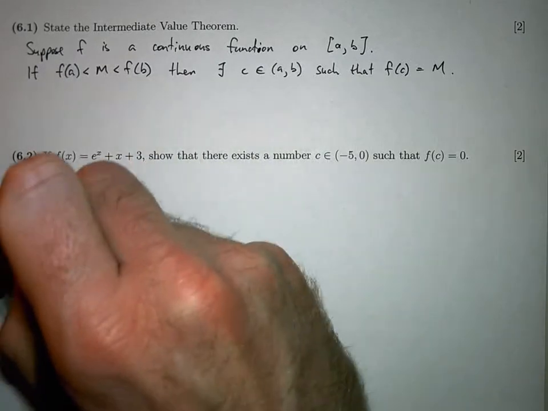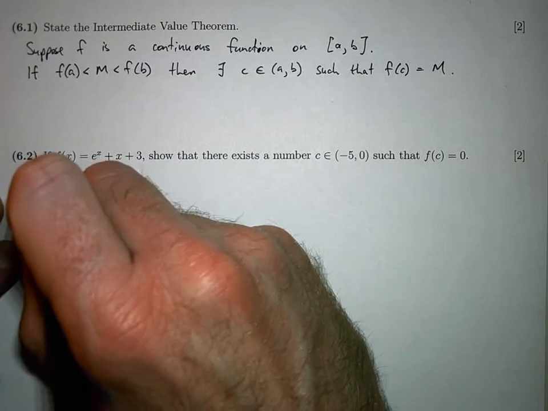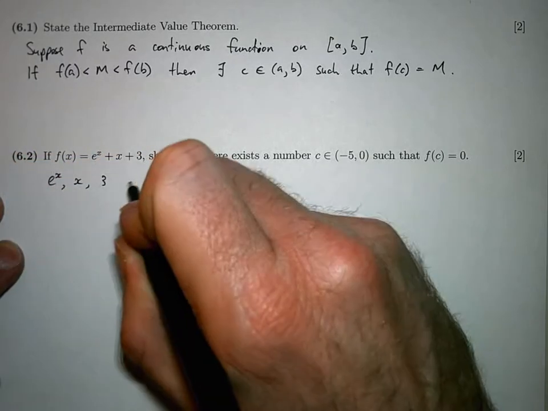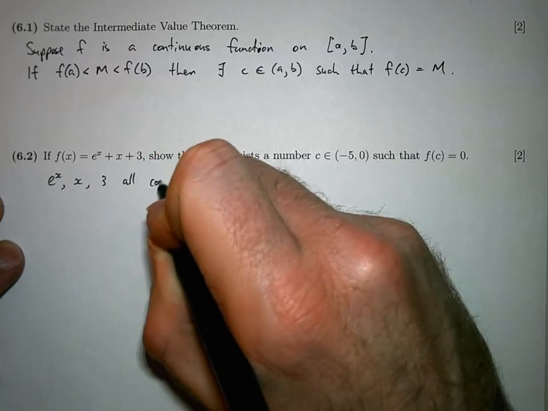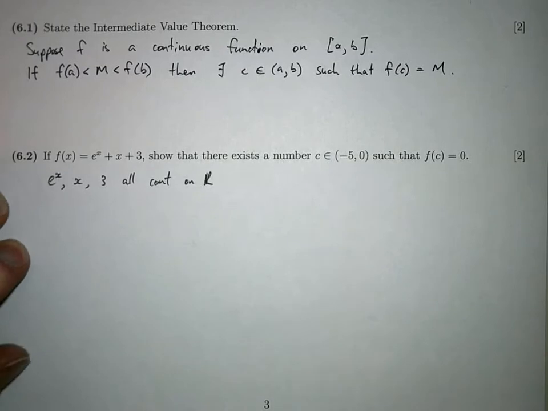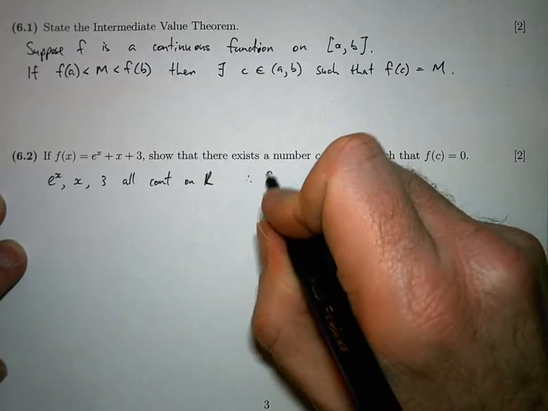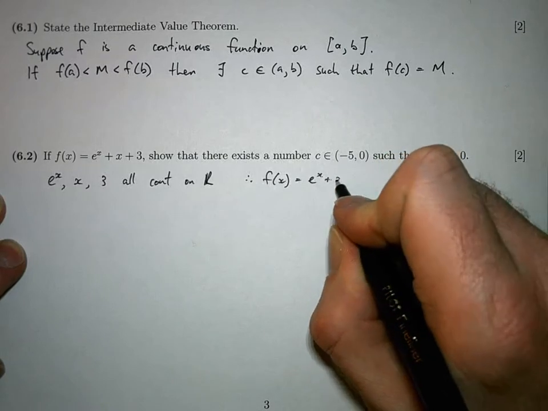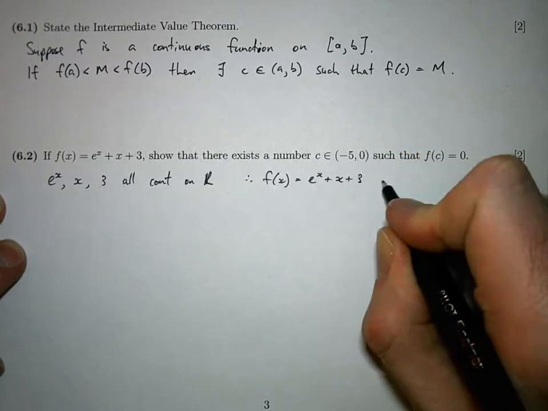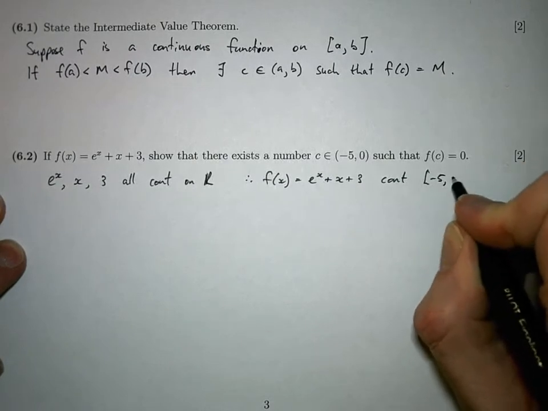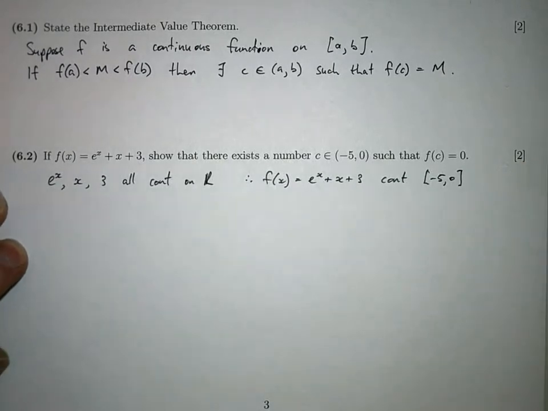So the first thing we need to note is that e to the x, x and 3 as functions are all continuous on the whole of the real numbers. Therefore f of x, which is simply equal to the sum of them, e to the x plus x plus 3, is certainly continuous on the closed interval minus 5 up to and including 0.